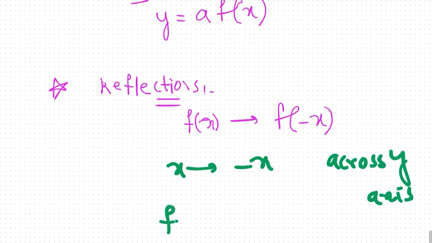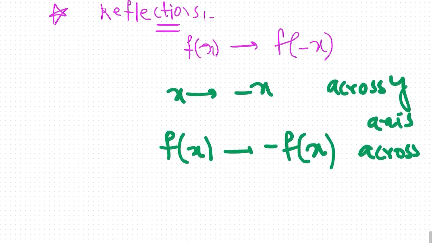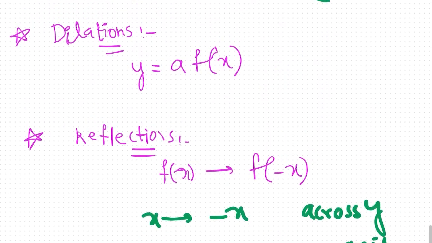Similarly, can you guess if f of x changes to negative f of x? Then that's reflection across the x-axis. So translation, reflection. Now let's talk about dilations, the topic above.